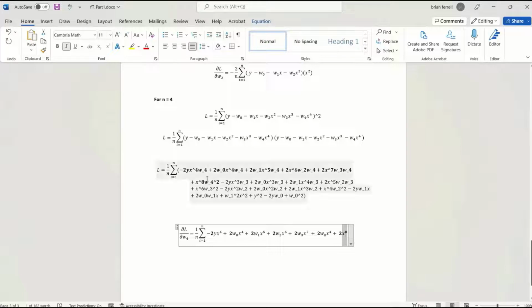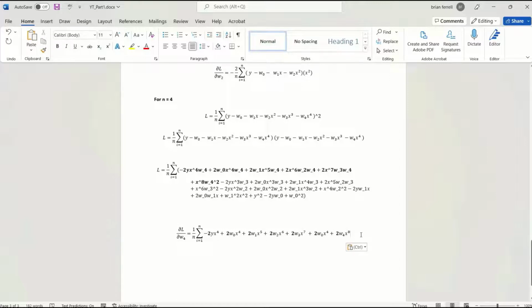Oh, and actually it has weight 4. Boom. So kind of like that. I think I have that correct. I'm pretty sure. And to make it like the other ones, we can do it like that.